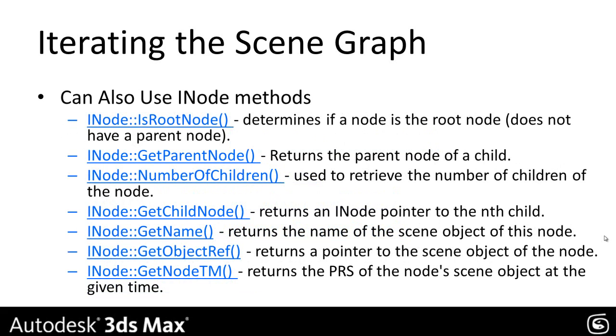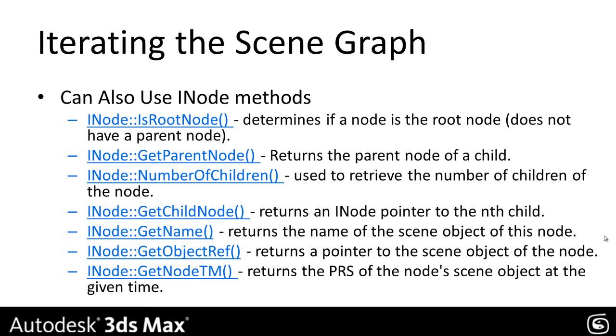So, as I showed you a couple of slides ago, you could also use the INode methods, and this is a little bit easier to access, but it may not be as quick or efficient as EnumTree. So you would start with checking if it's the root node. If you have a particular node, you might instead just directly start with the Interface GetRootNode, so you know you have it.